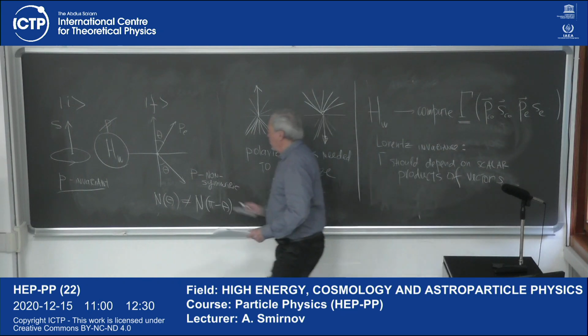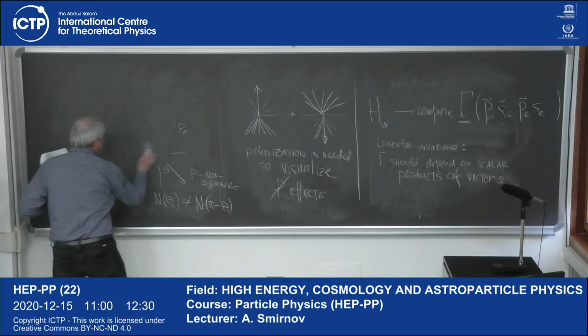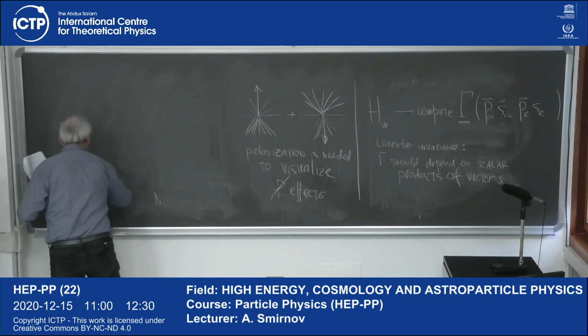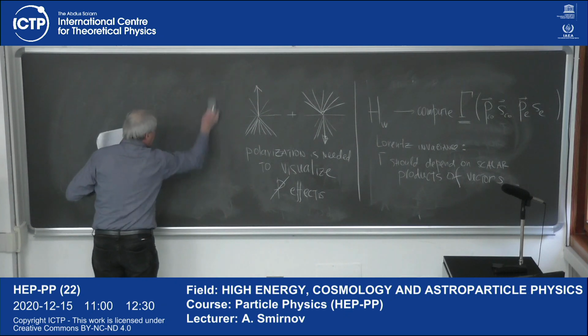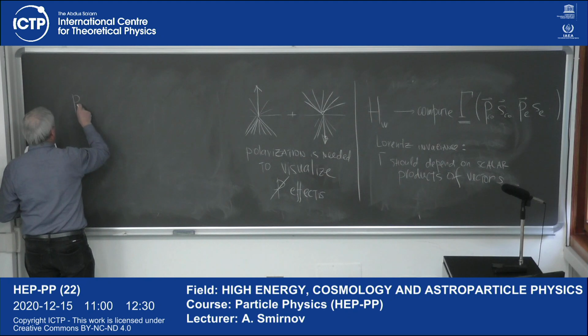So which vectors do we have here? It's written. And so we can construct several scalar products. We can take momentum of electron and multiply by spin of cobalt.